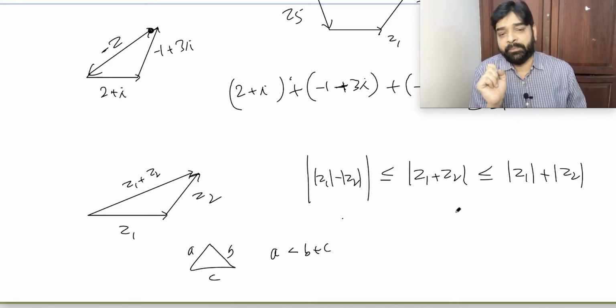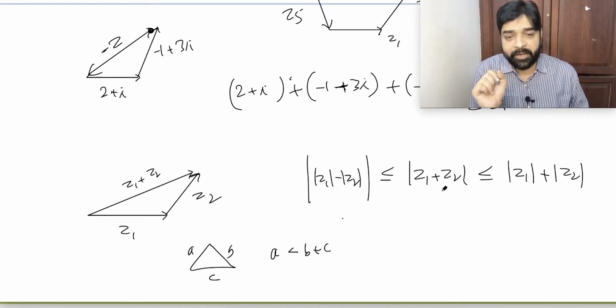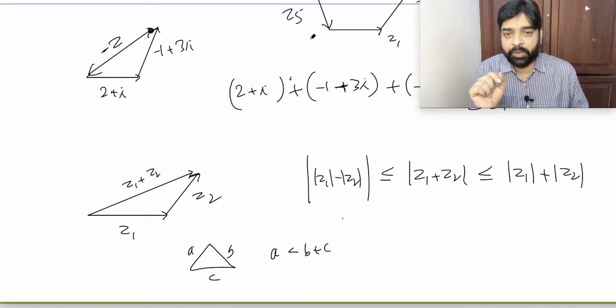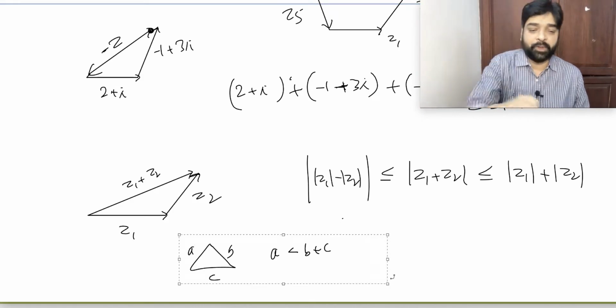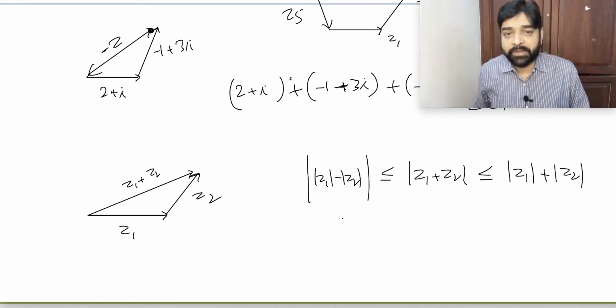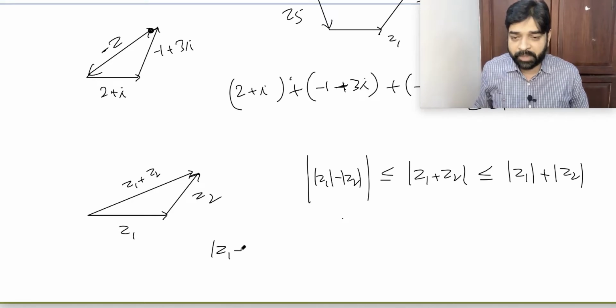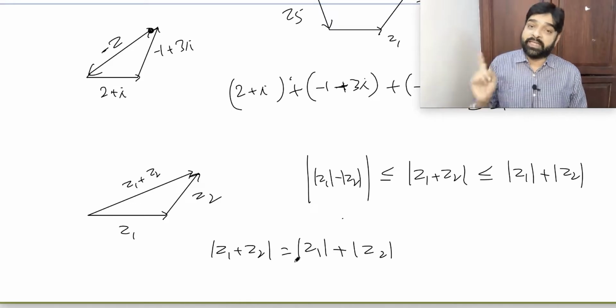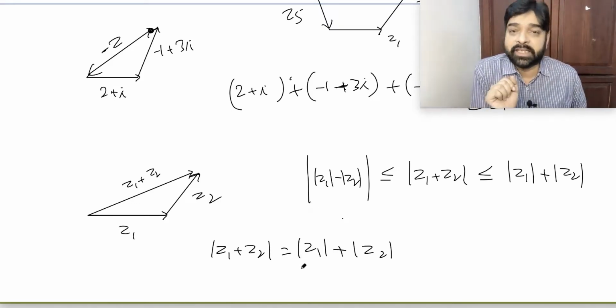Imagine this B and C are Z1 and Z2, this is less than or equal to. In the case of equality, when will it happen? We have to understand. Mod of Z1 plus Z2 equal to mod Z1 plus mod Z2. Think, when will it happen? When Z1 and Z2 are both in the same direction.